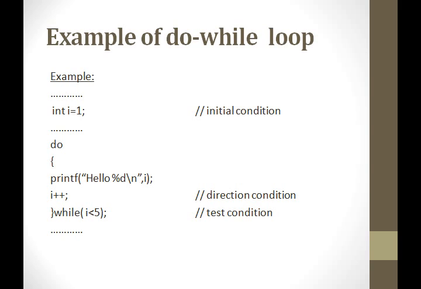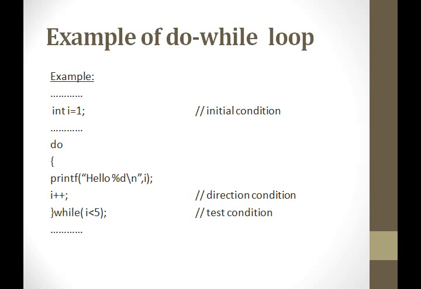Your i was 1, so you have incremented i with i++. Now it has become 2, so 2 less than 5, you will repeat. For 3 and 4 you will repeat. When i is 5, 5 less than 5 will give you false, and your test condition fails, and you will exit from the loop.